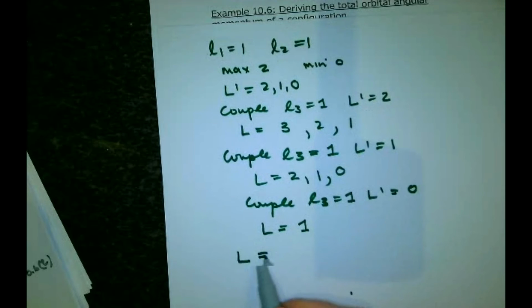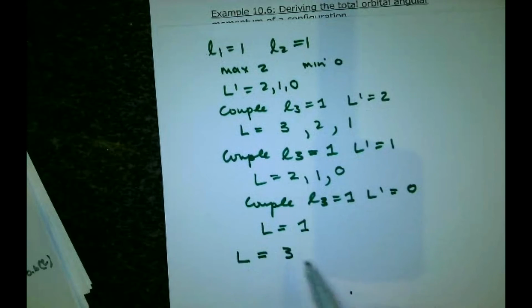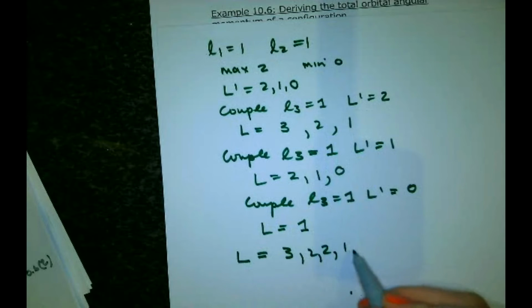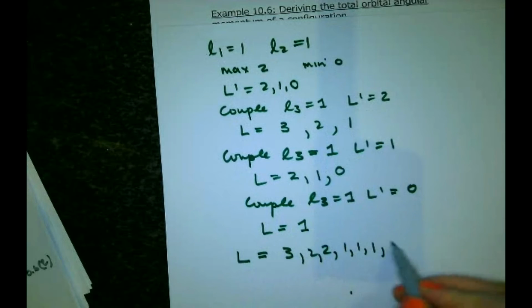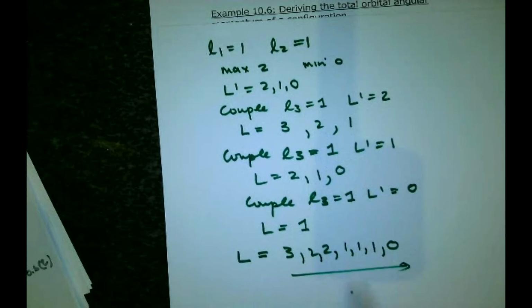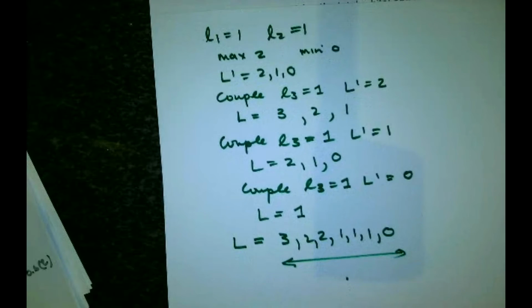So the L terms that we have are 3, there are 2 2's, and there are 3 1's, and there's 1 0. So with 3 p electrons, you get splitting into 1, 2, 3, 4, 5, 6, 7, just by considering the orbital angular momentum. We haven't considered the spins yet.